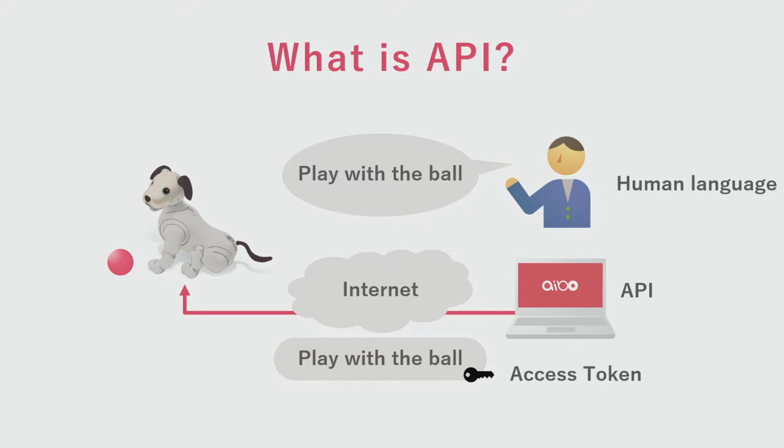The API on aibo is one of the web APIs, and so its protocol is based on HTTP communication. The HTTP protocol is a very common technology used in web communication. And because it's web communication, you can ask aibo to do something through the internet as you ask him in voice command.